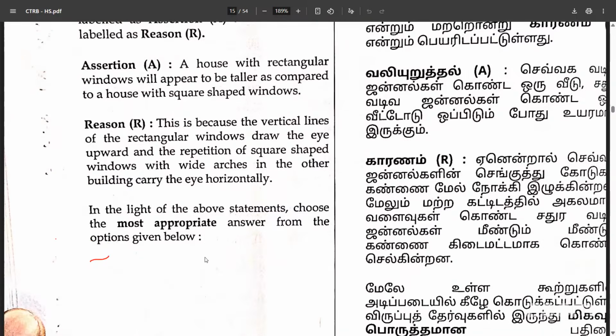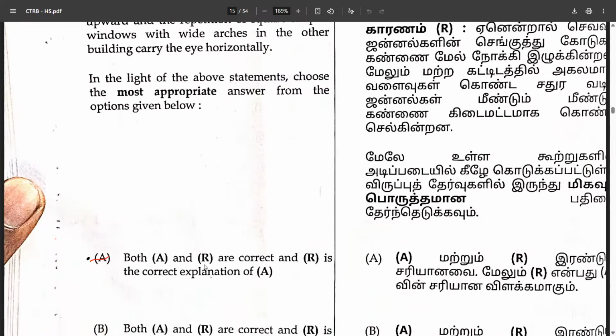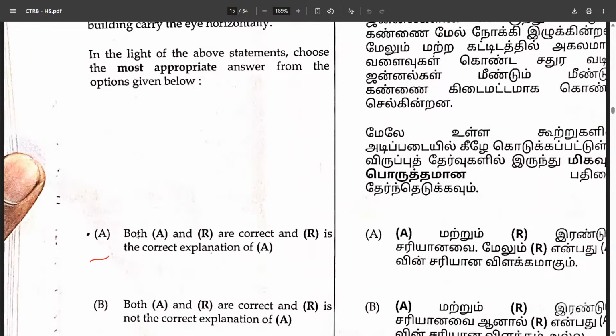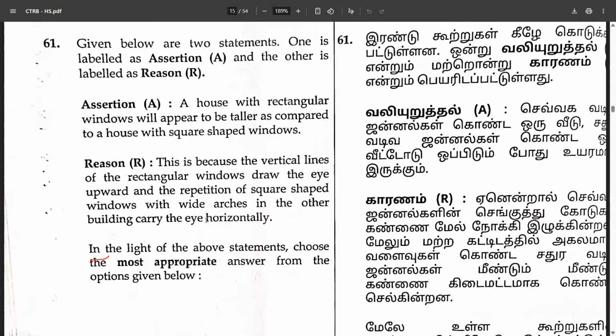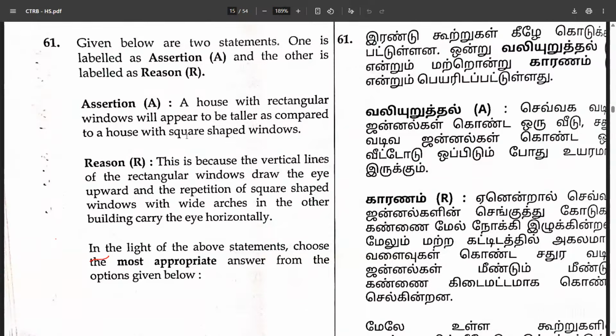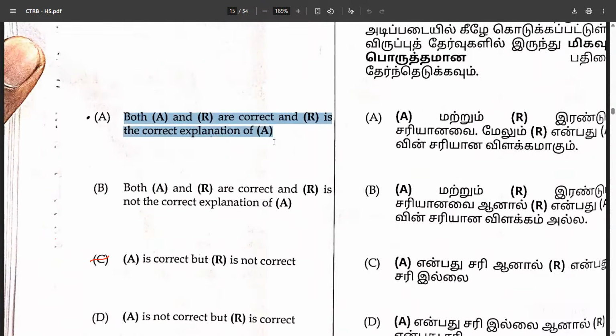The reason is that the vertical lines of the rectangular windows draw the eye upward, and the repetition of square shaped windows with wide arcs in the other building carries the eye horizontally. So tell me what will be the correct one. Here A will be the right one. Both A and R are correct, and R is explaining the assertion very correctly. So A will be the correct answer.